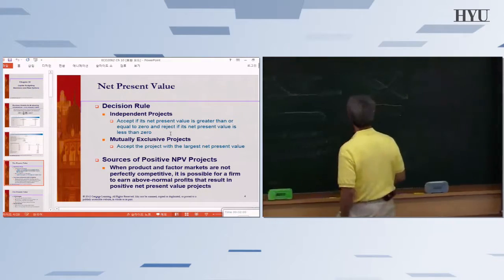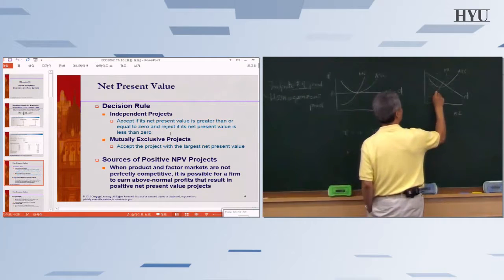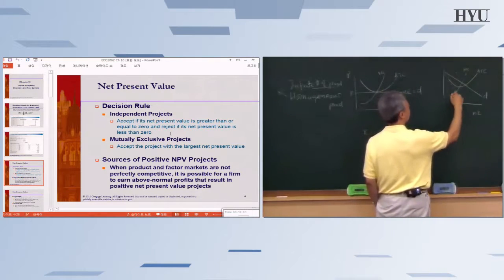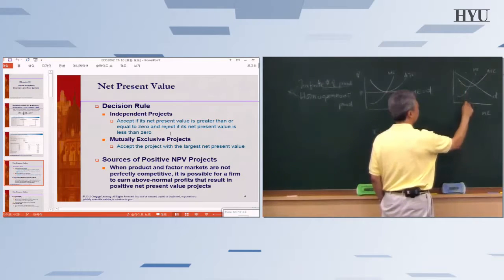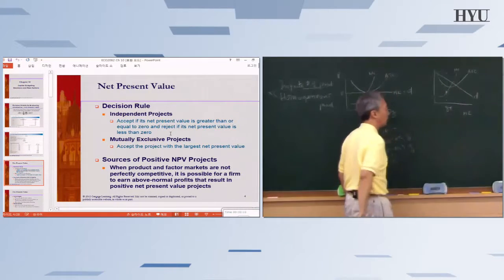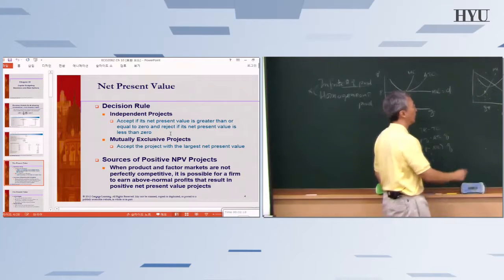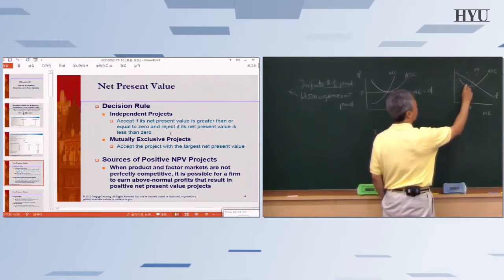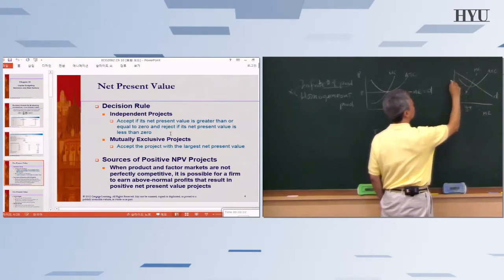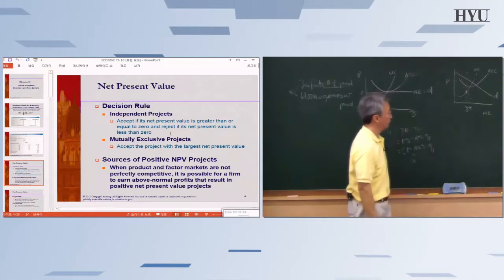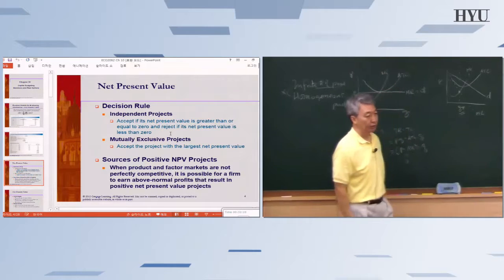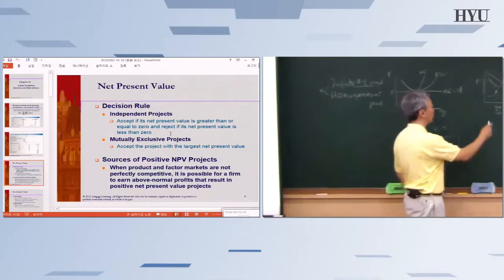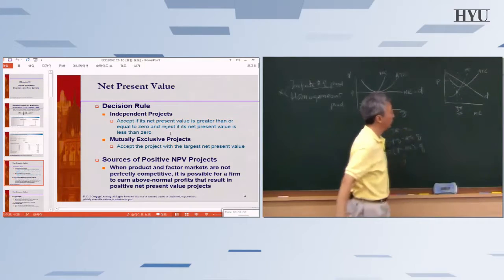So the profit maximization occurs right here, where marginal revenue equals marginal cost, okay? So this will be the profit maximizing quantity, okay? And the price will be determined on the demand curve, right? If you supply this many units, then the price will be determined right there, right?